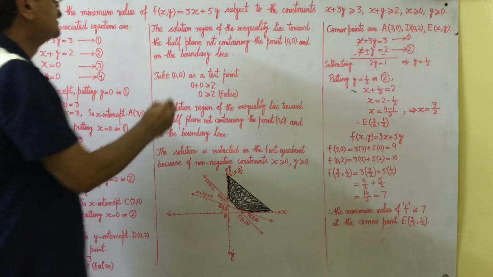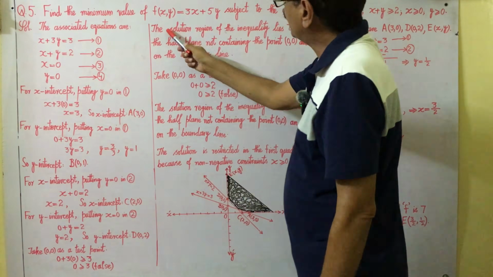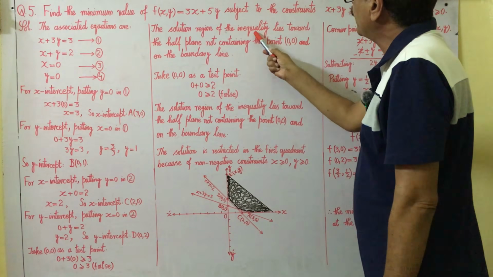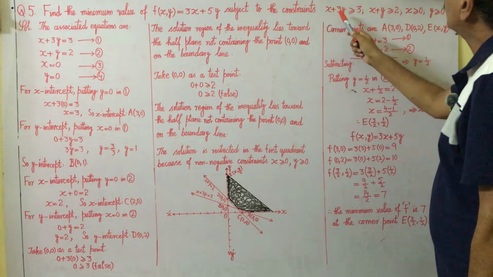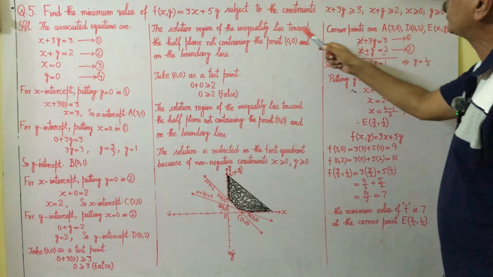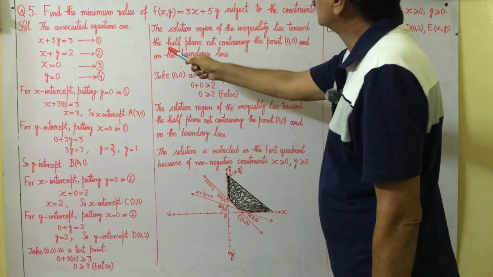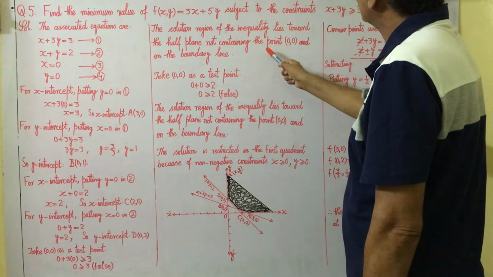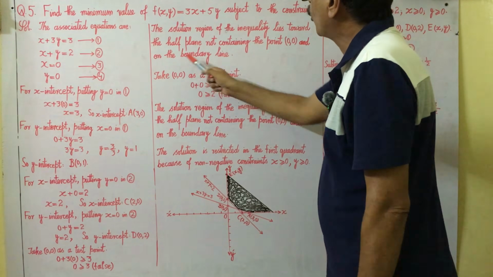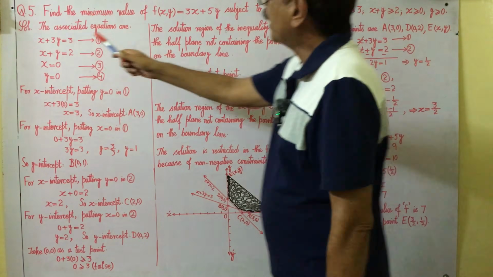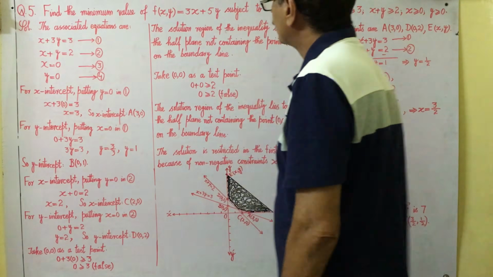This shows that the solution region of the inequality x + 3y ≥ 3 lies towards the half plane not containing the point (0, 0) and on the boundary line x + 3y = 3.